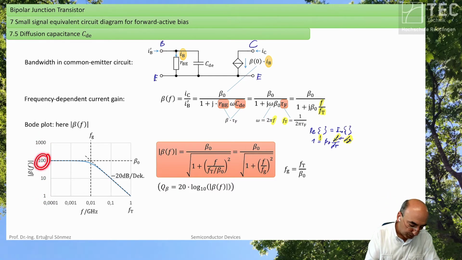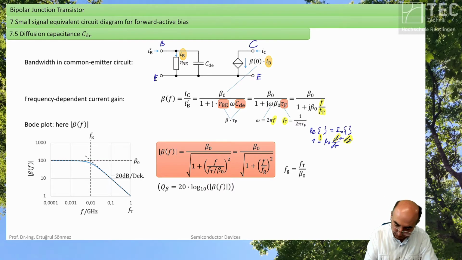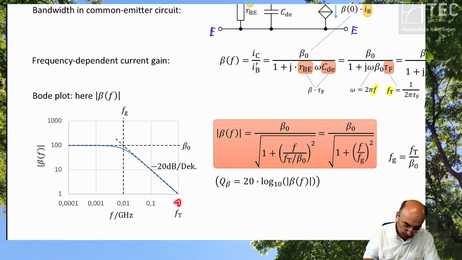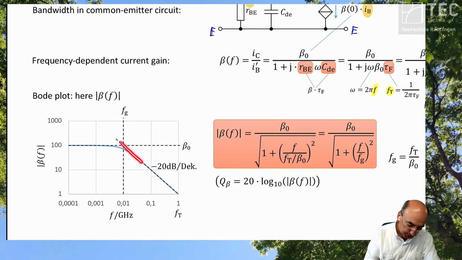And here I have chosen, for the sake of simplicity, that my beta is 100, not 200. So don't be disturbed by this. And your transit frequency is 1 gigahertz. Your corner frequency is 10 megahertz. And your slope is 20 dB per decade.